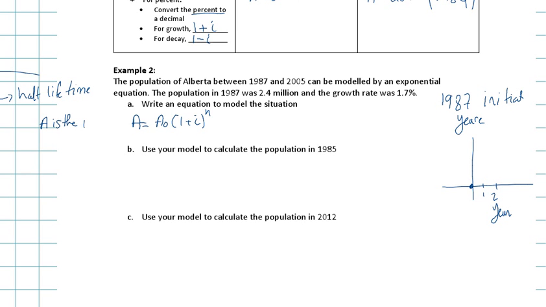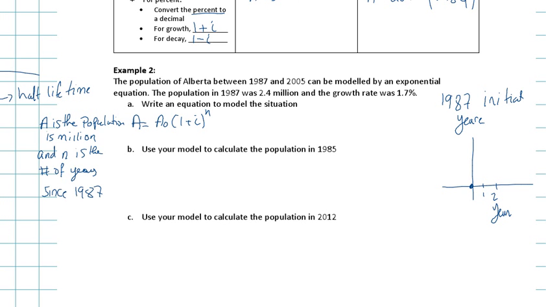So you have to specify. And n is the number of years since what year? Since 1987. Okay? So you have to specify this.